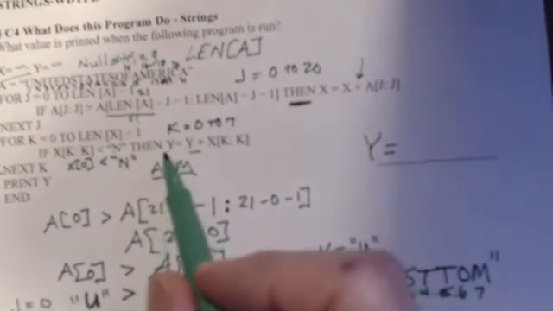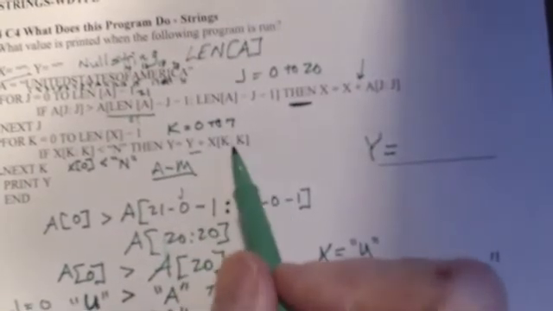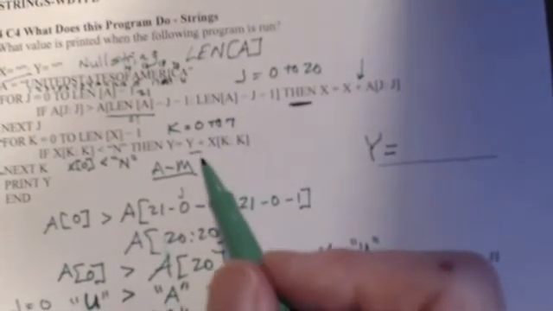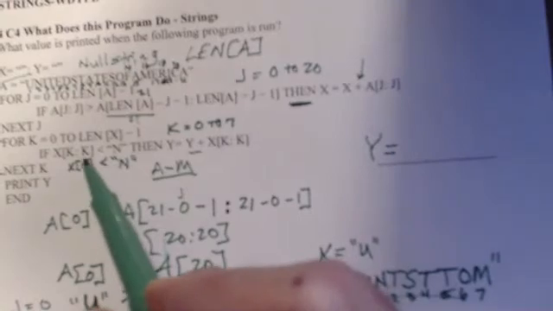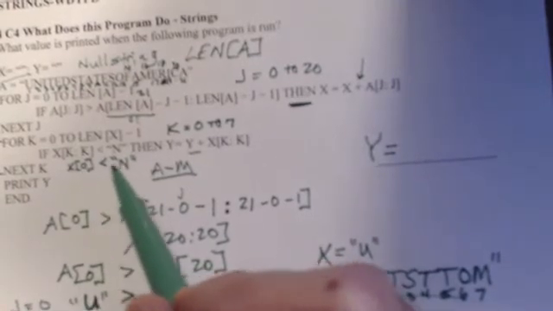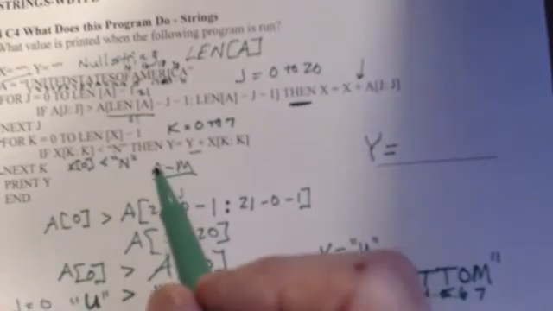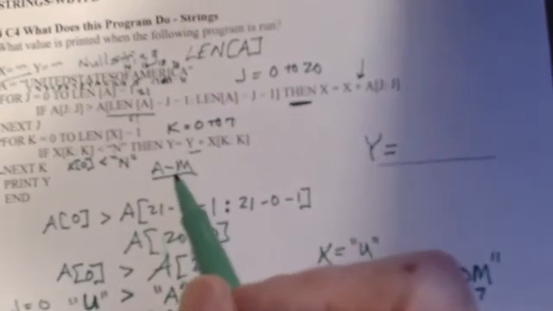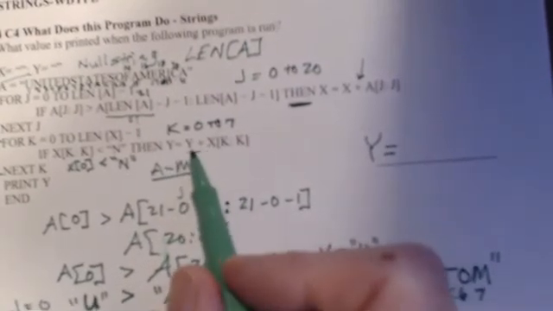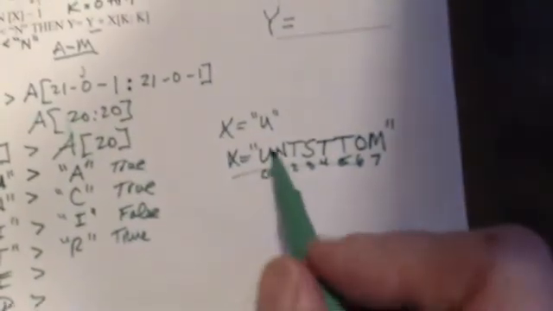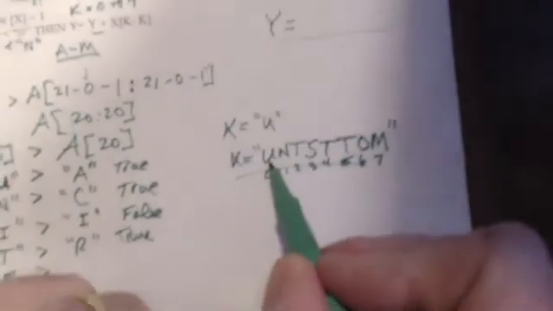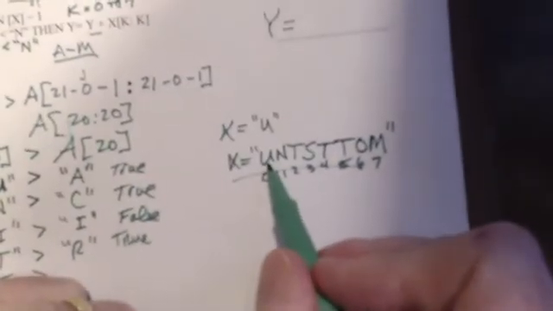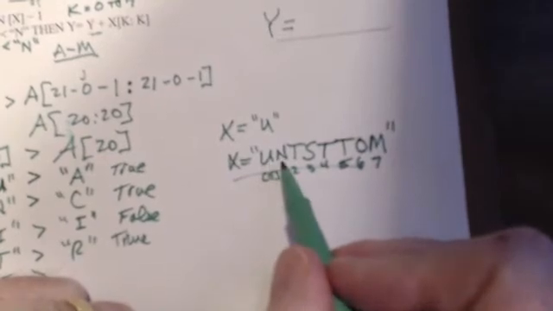So now that we know what that's going to do, we know what the comment would be if we were commenting this code. We're just going through the X string from beginning to end. If any of the characters are less than N, in the A through M range, then we're going to use those characters to build our Y string. So looking at X here, U is certainly not, that's a fail because it's bigger than N. N is equal to N, it's not less than N, so that's a fail.